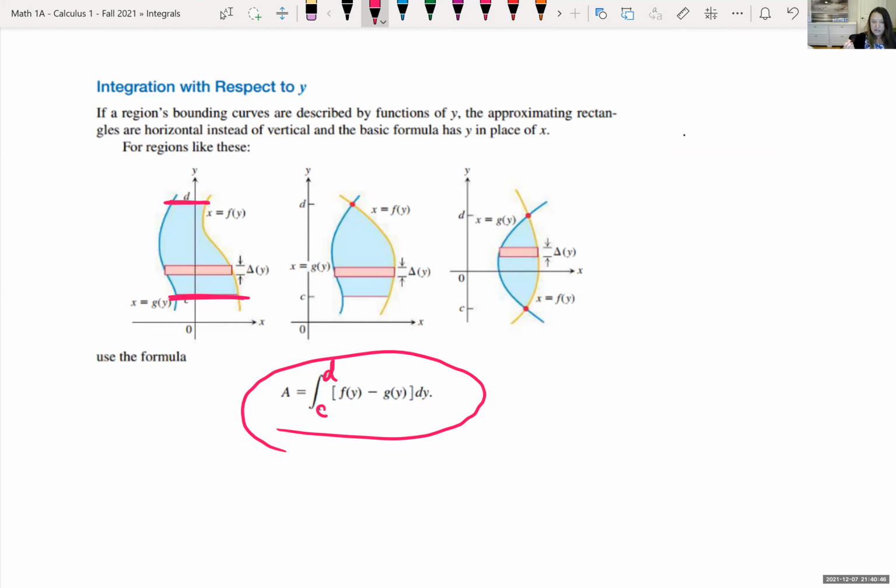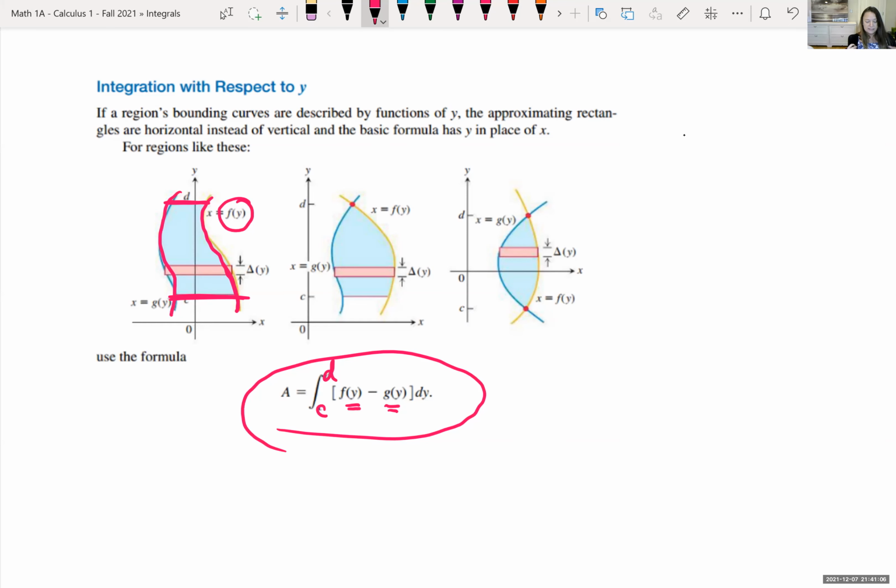We want to look at the function that falls to the right. Our function that falls to the right first is this f of y value. So f of y minus the function that is on the left, g of y dy.